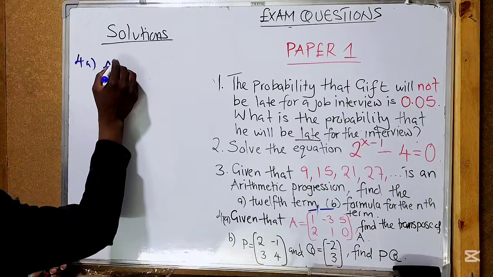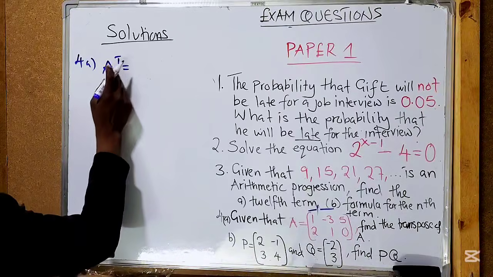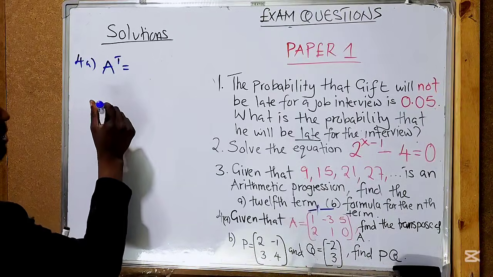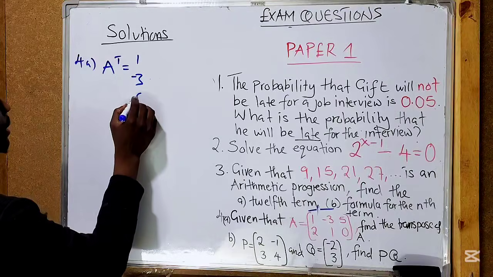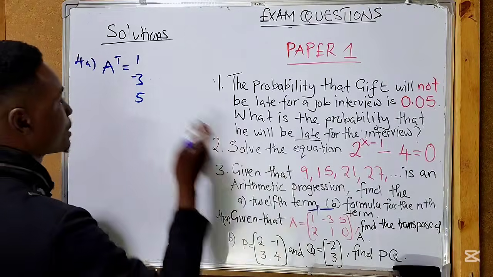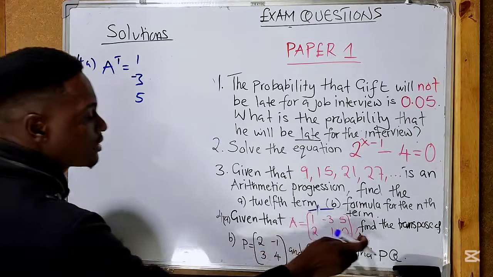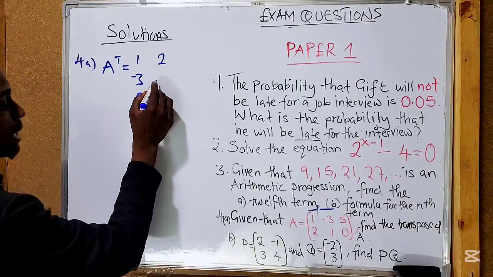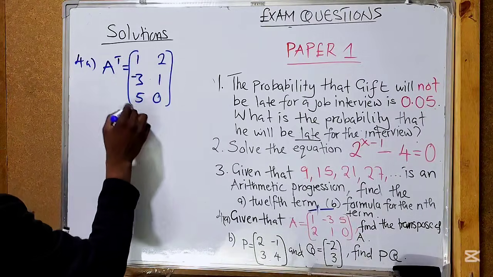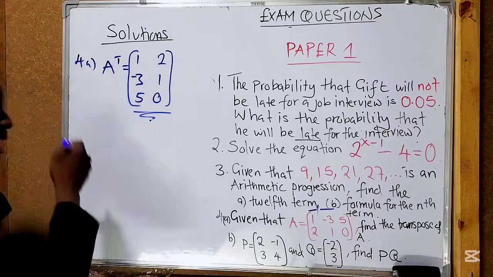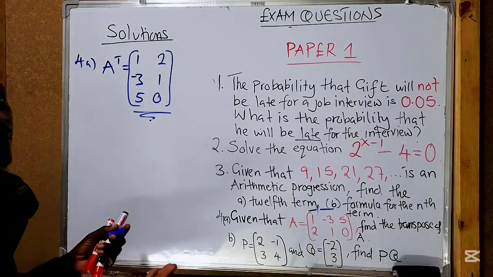So we're going to say A^T, which means A transpose. We're going to have 1, negative 3, 5. The first row has become the first column. The second row will also become the second column, like this. That's all.